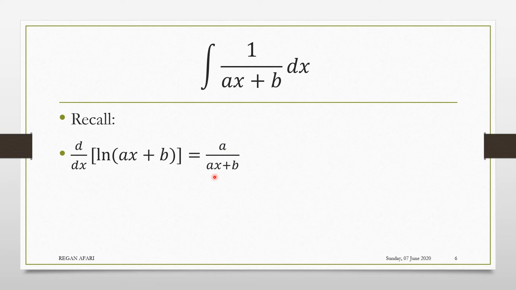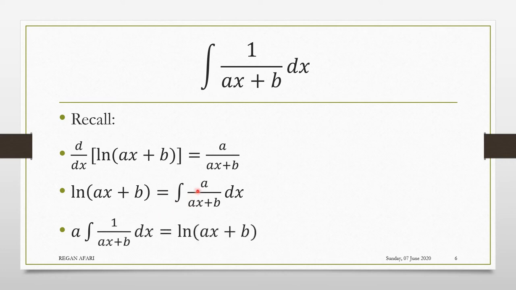How about when we apply integration on both sides of the equation? Like I said, the integral of d dx gives you the function, so that gives you ln of ax plus b. Then the integral of a over ax plus b dx. Let's factor out a, the numerator.